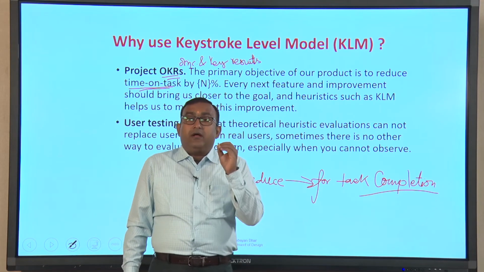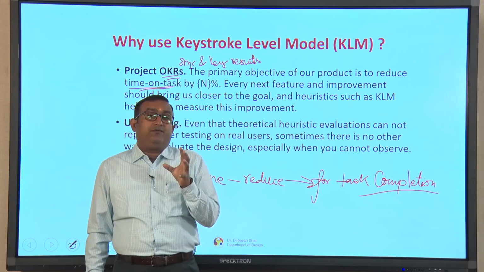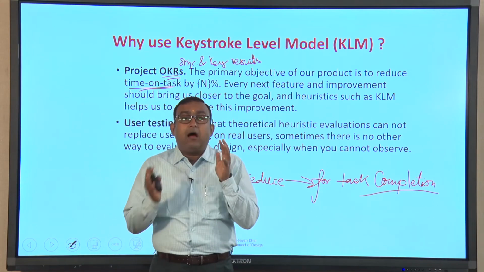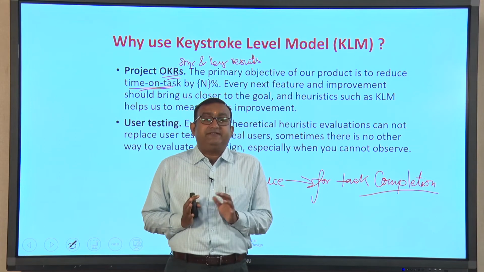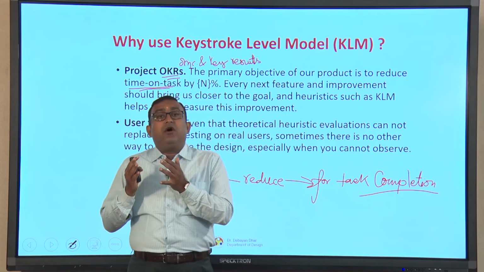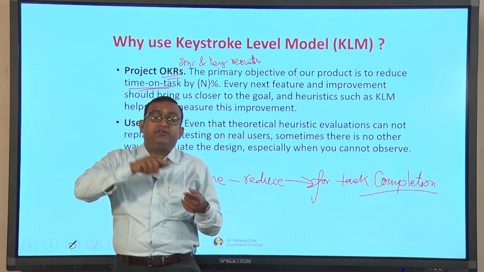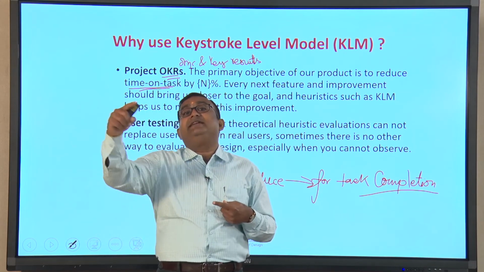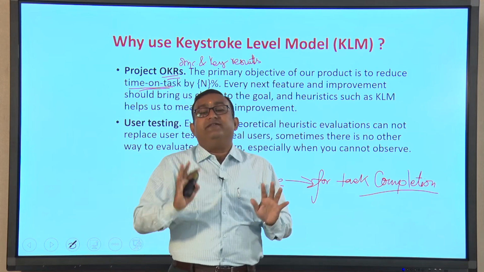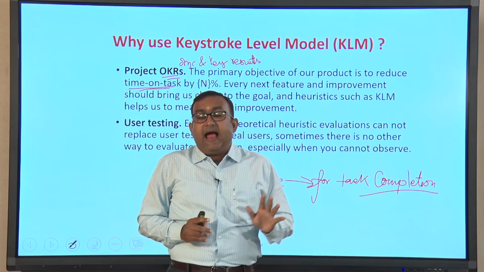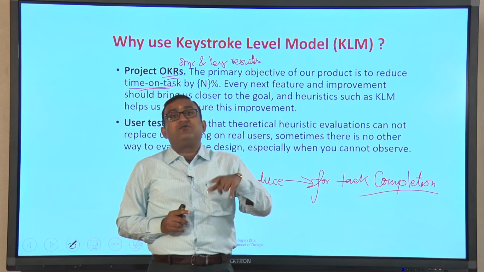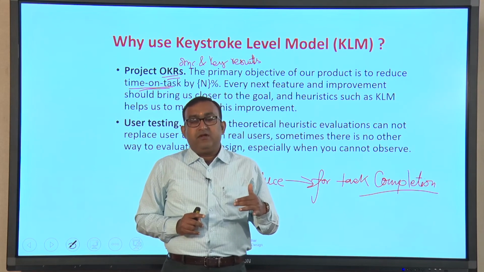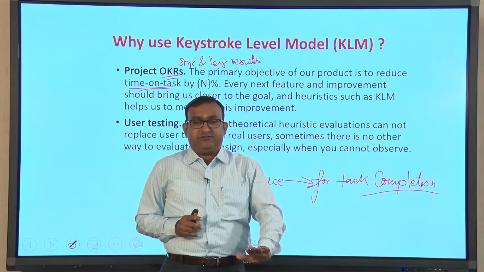So, now the intention of the KLM model is to allow you to analyze this interface with an objective of calculating how much time your user takes in completing the task using your interface. And the objective is always to reduce that time, to make it highly optimized.